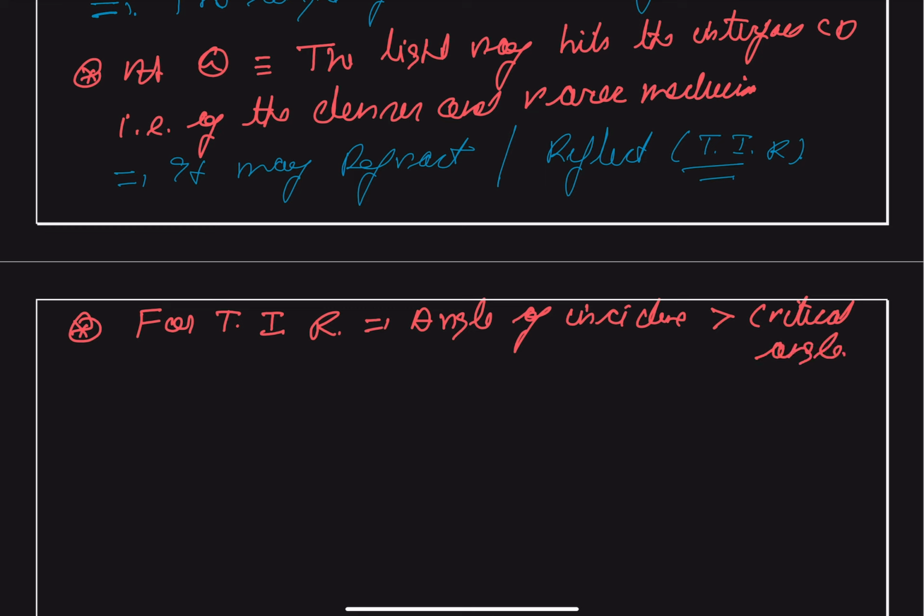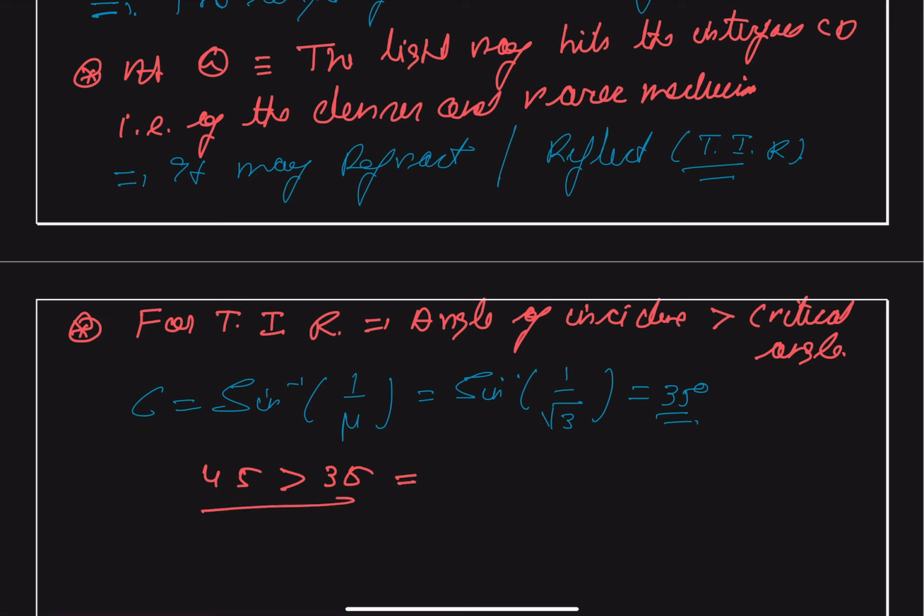And critical angle, we already know the formula, that C is equal to sine inverse of 1 upon mu. Mu we already know, so we get the sine inverse of 1 upon square root of 3, and this comes close to 35 degrees. Angle of incidence is about 45, therefore we can say that angle of incidence 45 is greater than 35, therefore total internal reflection.